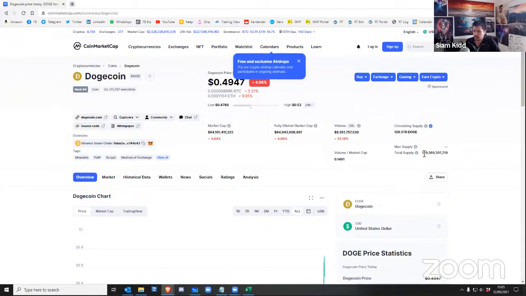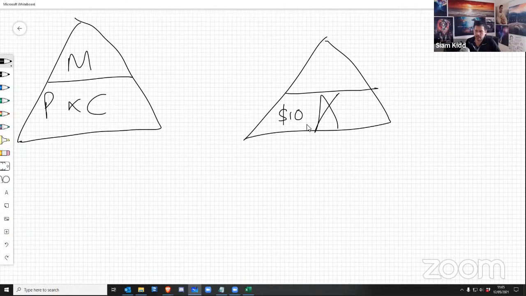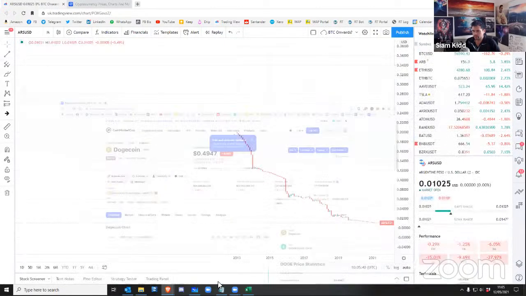Then you have to work out within what time frame. Let's say it's, is it likely that we're going to hit a $10 Doge over the next year? Well, we need to add that to the total supply. So 5 billion, let's call it 135 billion coins.